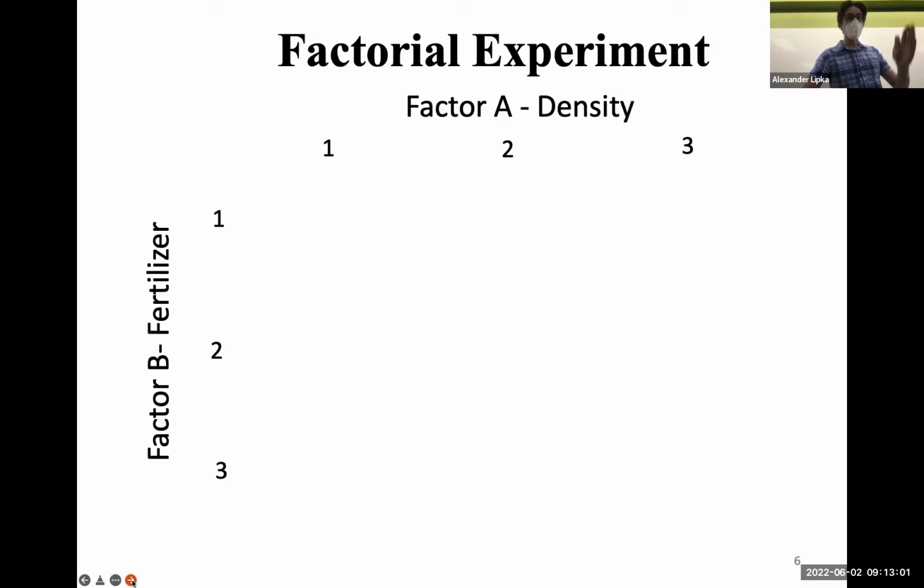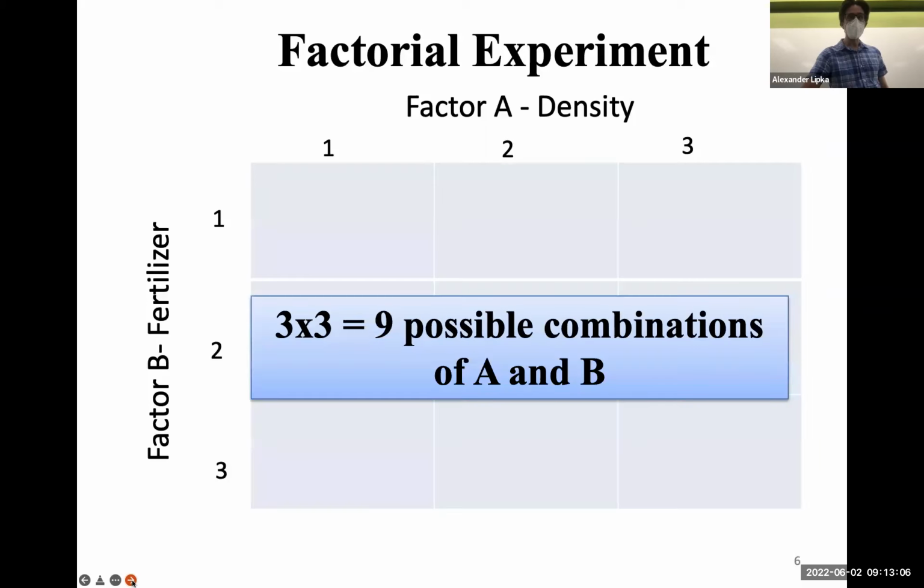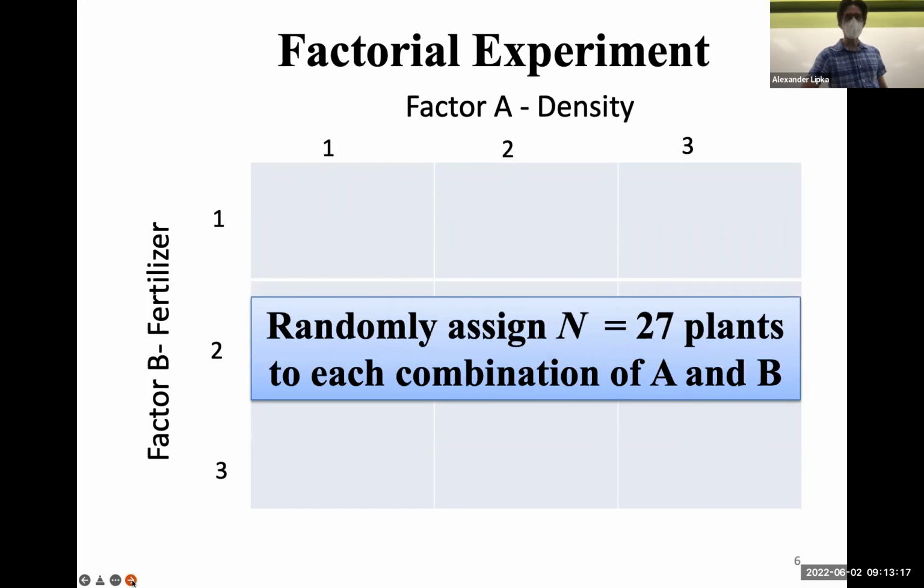So that means we got 3 levels of factor A, 3 levels of factor B, okay? So that means that there's 9 possible combinations of factors A and B, all right? Now, let's say that we got a total of 27 plants, okay?